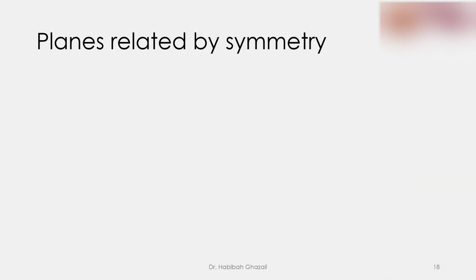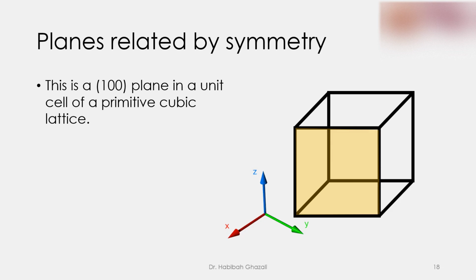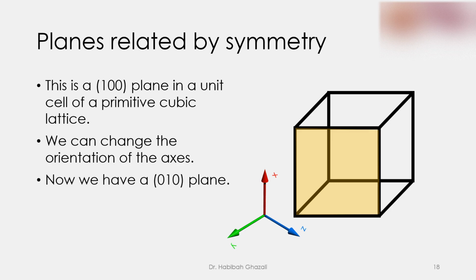Like with directions, planes are also related by symmetry. So take for example this plane here. This plane is a 1, 0, 0 plane in a unit cell of a primitive cubic lattice. We can change the orientation of the axis, and now this plane with this axis is a 0, 1, 0 plane.